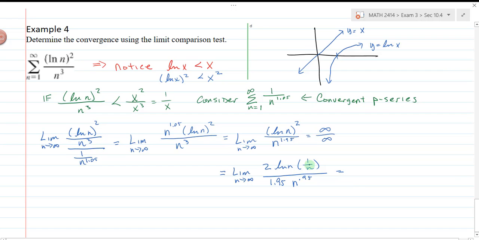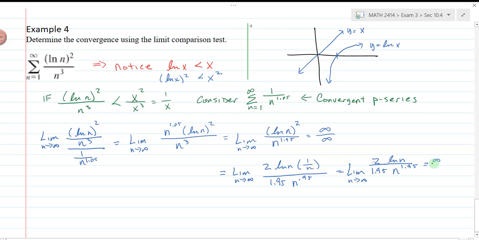There I can kick this term into the denominator, and that's going to give me the limit as n approaches infinity of 2 over 1.95 times the natural log of n in the numerator, and in the denominator I'm going to have n raised to the 1.95 because this n got moved down here, and when you multiply with the common base you add the exponents, so that's n to the first times n to the 0.95, which is n to the 1.95.